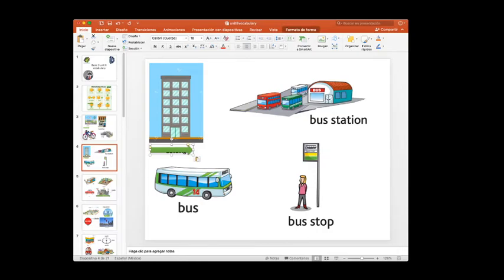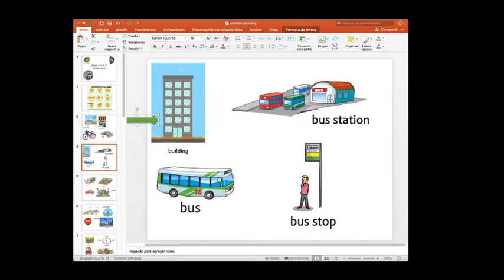The next one, here, this is building. This other one, like RTP, bus.